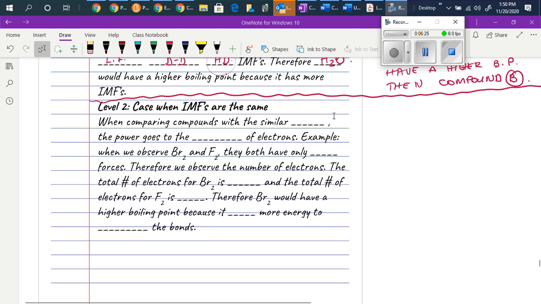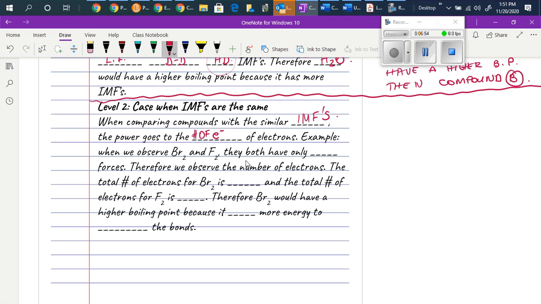Now, when we have more intermolecular forces, we have a higher boiling point. But what happens when we have two compounds that have the same number and the same type of intermolecular forces? When they have the same type of intermolecular forces, then it comes down to the number of electrons.